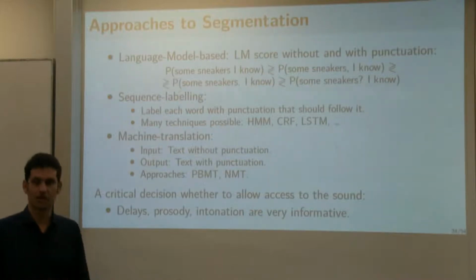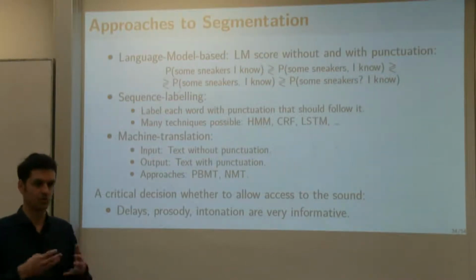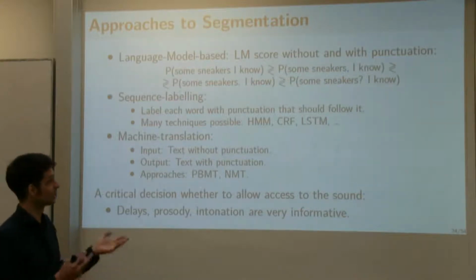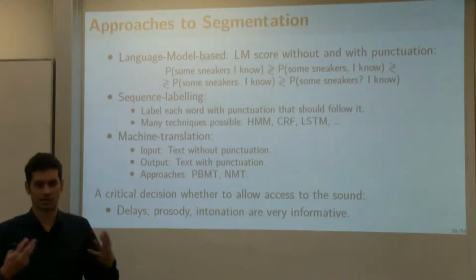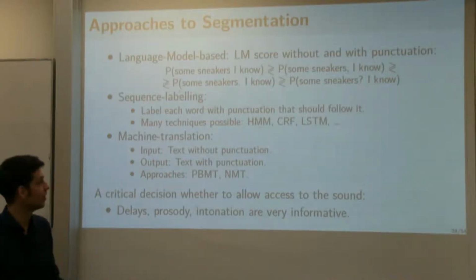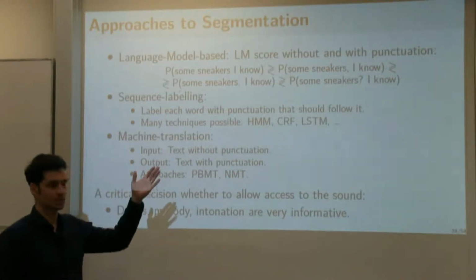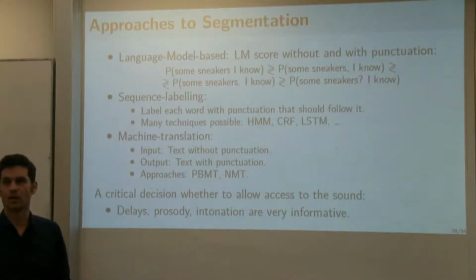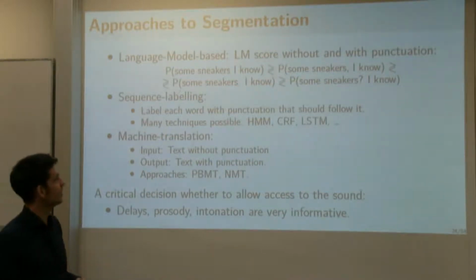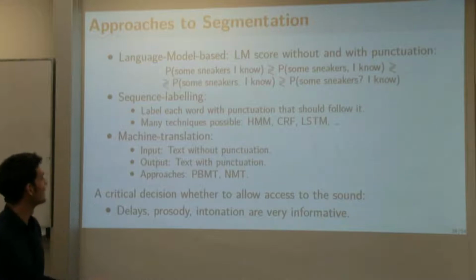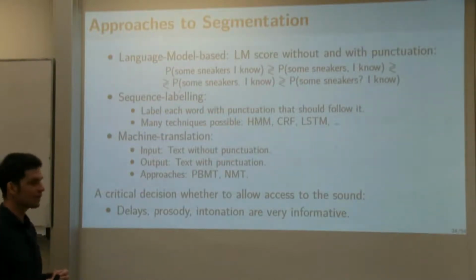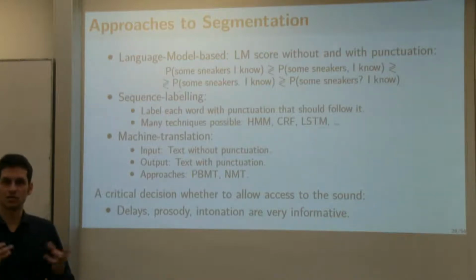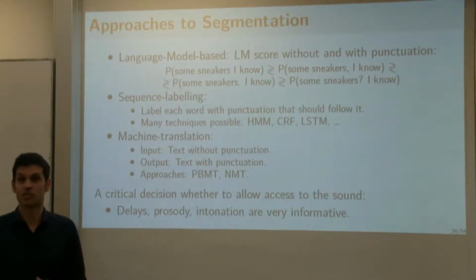So maybe nothing, maybe a full stop, maybe a comma, maybe a question mark, and a capitalization for the next word, and other things. There are many possible underlying techniques: Markov models, conditional random fields, or recurrent neural networks such as LSTMs can do this sequence labeling task. And you can also consider this task a machine translation task.